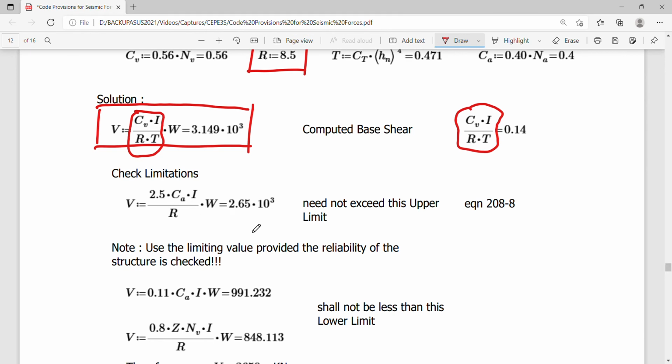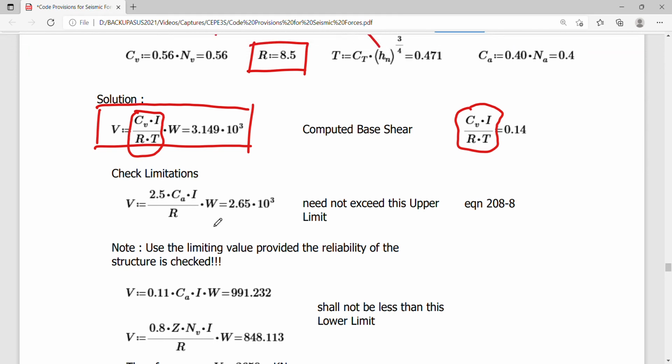So this is computed on the basis of 2.5 CAI over R W, which gives us a value of 2.65, and this is 3.149. Okay, so which means to say that we cannot use 3.149 because this is greater than 2.65.